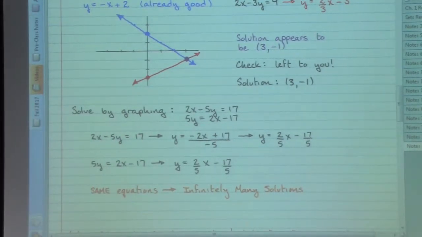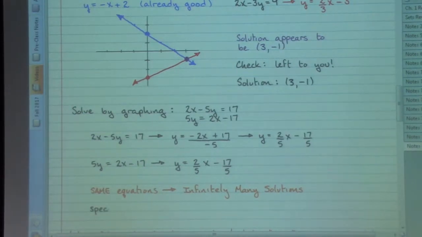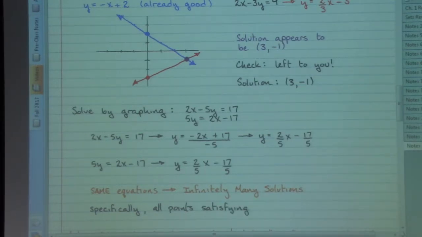And we can actually be specific about what those look like. So just to jot in a little comment there, we can just say all points satisfying, and let's just use the equation that we've got already on hand in slope-intercept form. y equals 2/5 x minus 17/5.